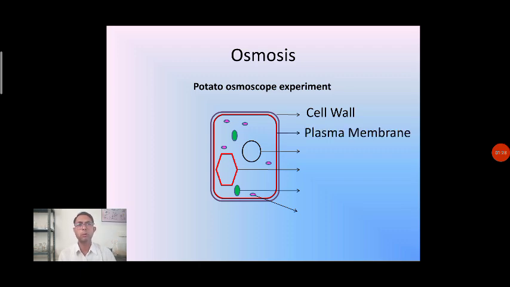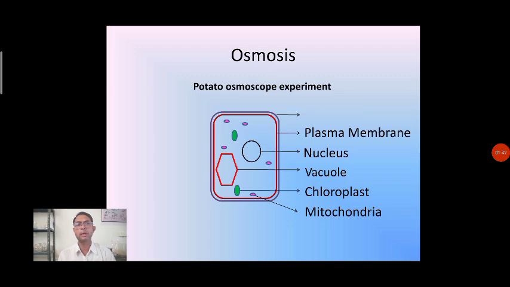So water molecules move between regions of different concentration, and that process is known as osmosis. Now in this process, the most important things are the cell wall and plasma membrane. These are the two most important regions, and water molecules get transported through them. The remaining organelles like nucleus, vacuoles, chloroplast and mitochondria are only a little bit involved in osmosis.